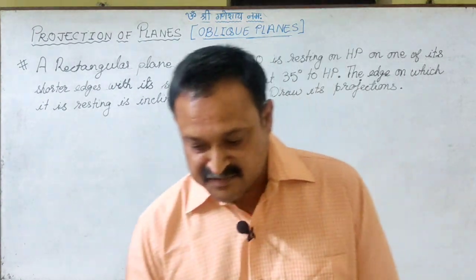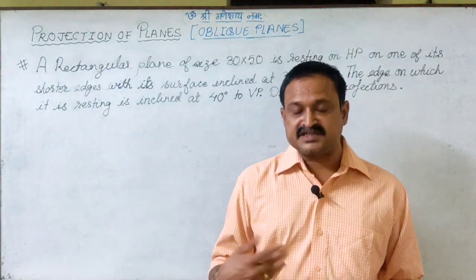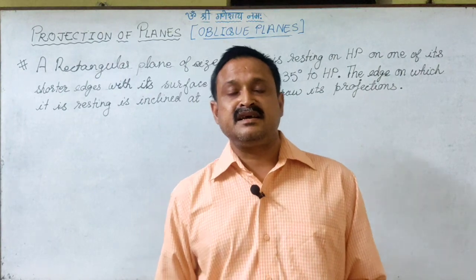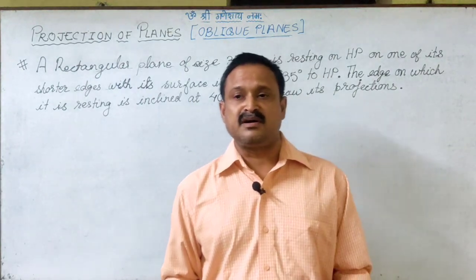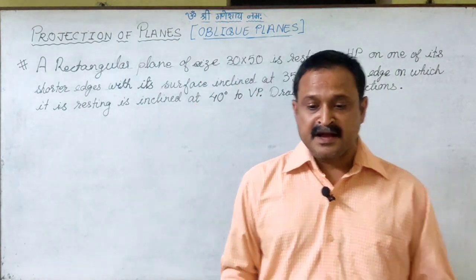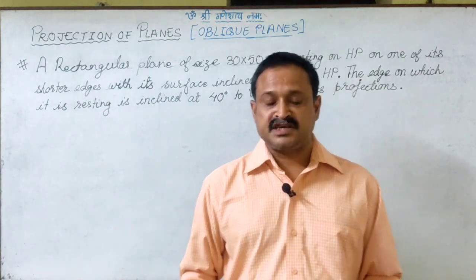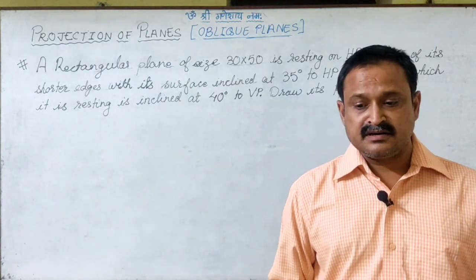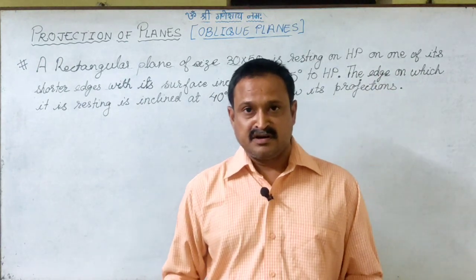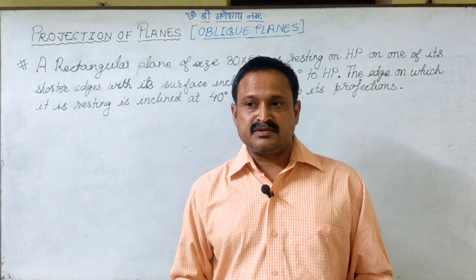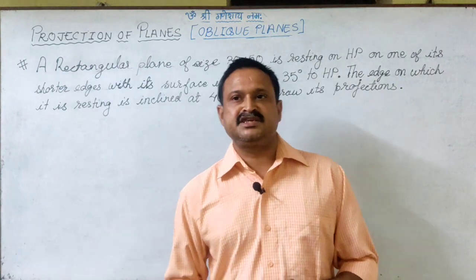Right? Now, let me first explain how the second inclination can be involved in the given plane. Now, we have seen that it is very important to draw the line in the projection.